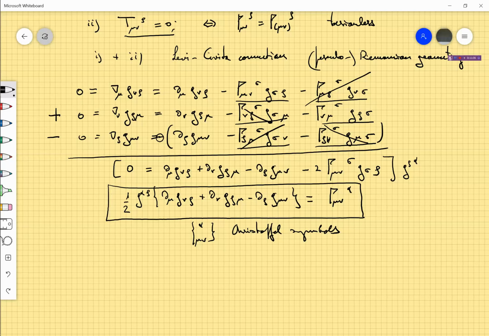So a lot of the calculations that you will do in this course will have to do with computing the components of this connection using this formula, as you may expect, because you want to compute connections because they give you important information about the gravitational field.